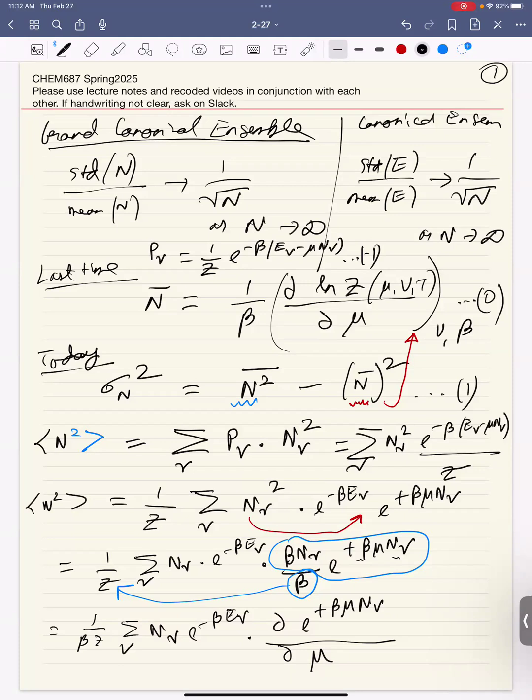Any questions about this? So what do we have now? Let me write down this equation on the next page.